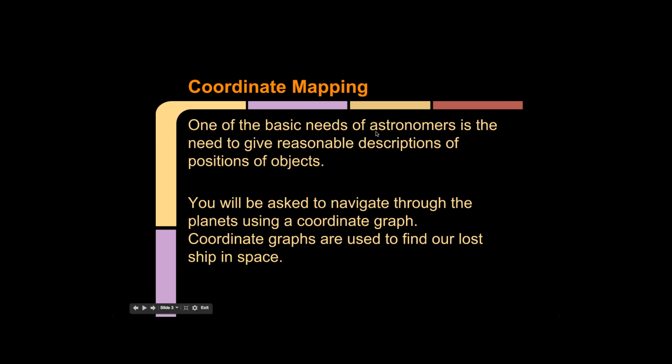One of the basic needs of astronomers or people who work in the fields that deal with space is to give reasonable descriptions of the position of objects. So we need to be able to describe where to find something pretty easily. So we're going to be asked to navigate through the planets using a coordinate graph. Coordinate graphs are used to find our lost ship in space. So we're going to learn all about coordinate graphs.